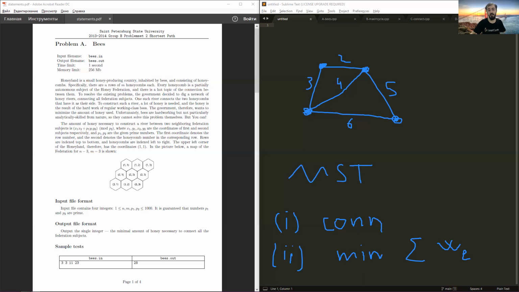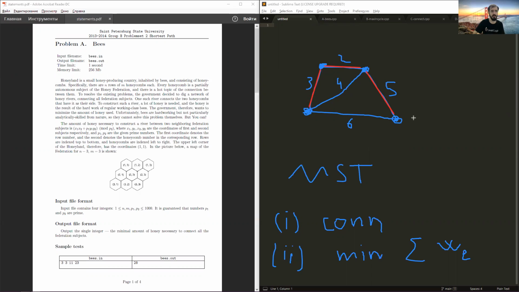So in the example above, let's see what would be an MST. I think that MST in this case goes as follows. We take this edge, and this edge, and this edge. Right? So the total length is 10.